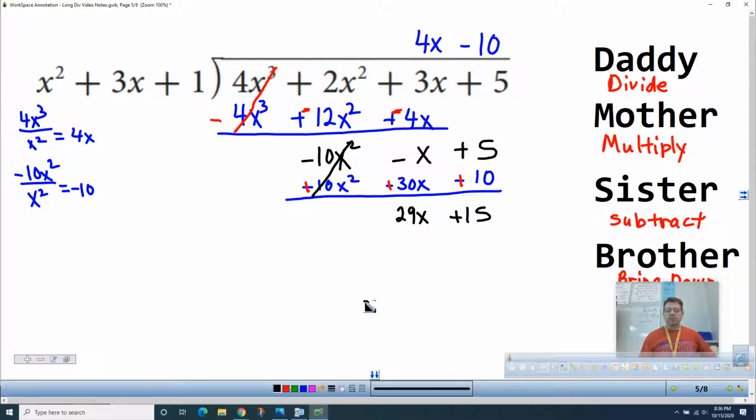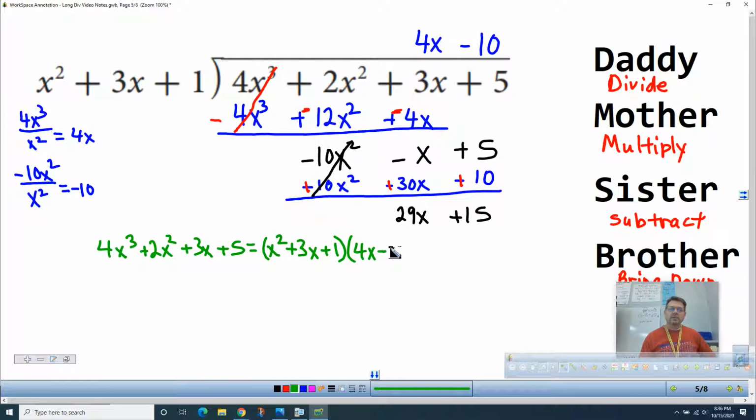So this time, we're going to write it a little differently, okay? I'm going to say the dividend is equal to the divisor times the quotient, so you'd have to extended FOIL or distributive property simplify, and then add on the remainder piece here, and you would get back what you started.